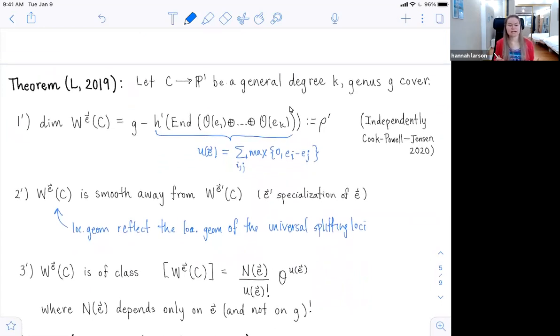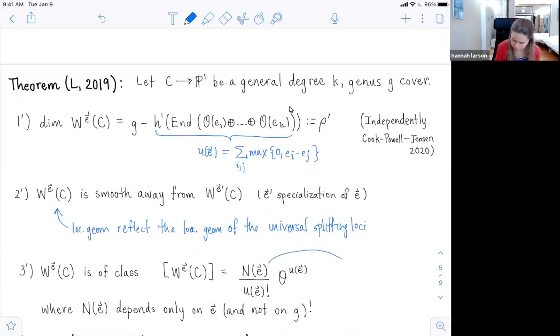Part 3 is that W^e has class which is a multiple of a power of the theta divisor. And I proved this formula using intersection theory, in particular some formulas for the classes of splitting loci that I developed. And I was able to show that this number, N(e), depends only on e and not on the genus.